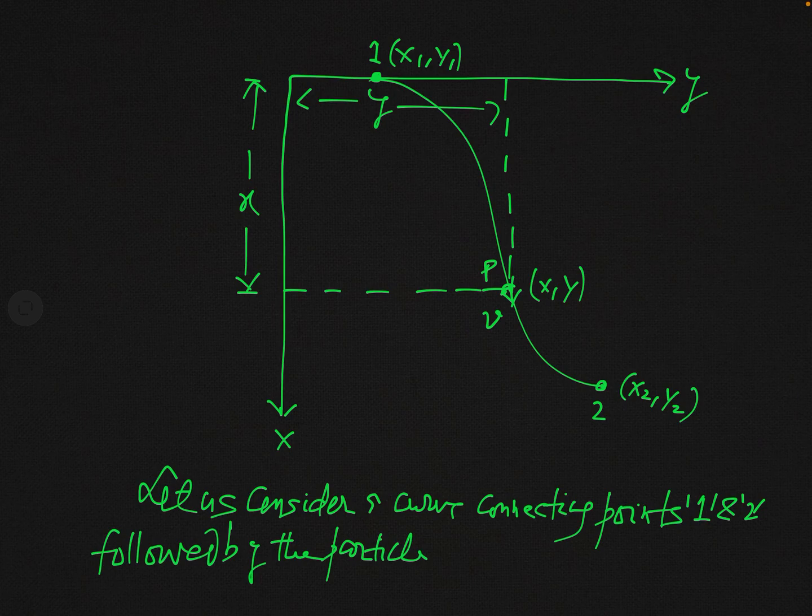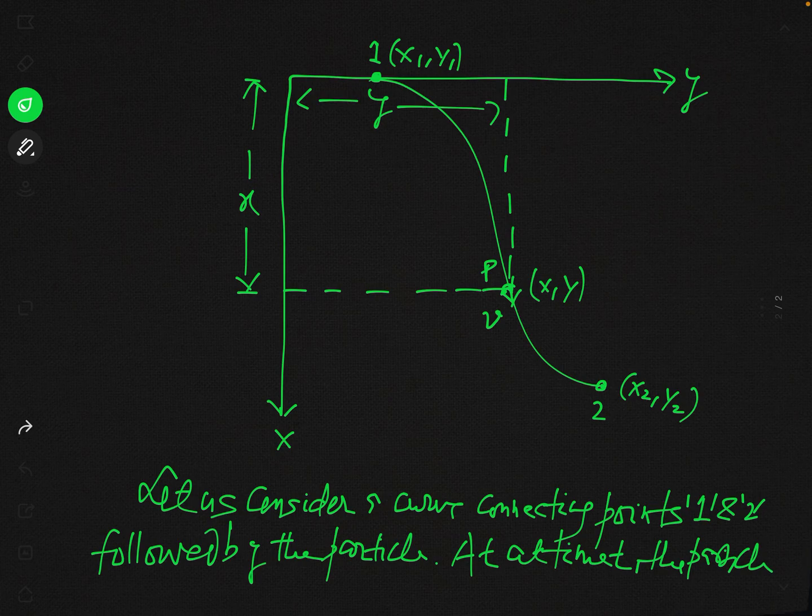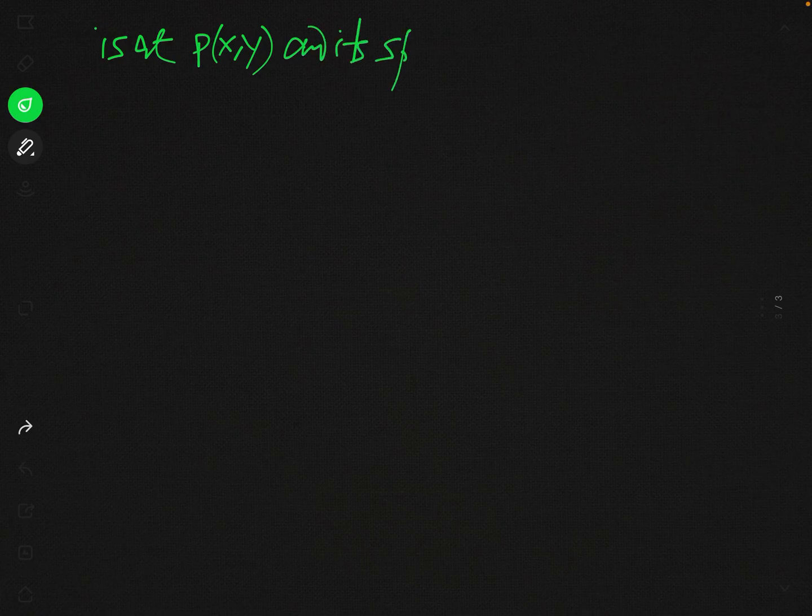The particle has been released from this point 1 from rest, and at any moment t, as I have told you, the particle is at this position P, with coordinates x, y, where its speed is v.